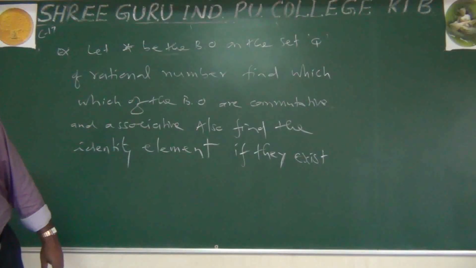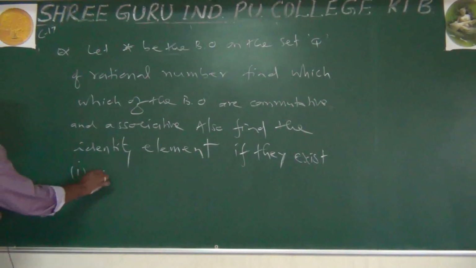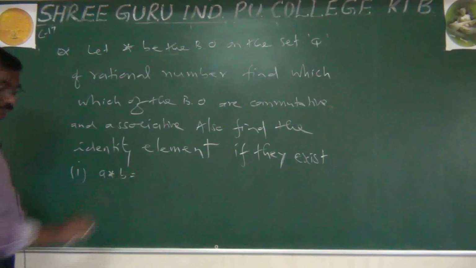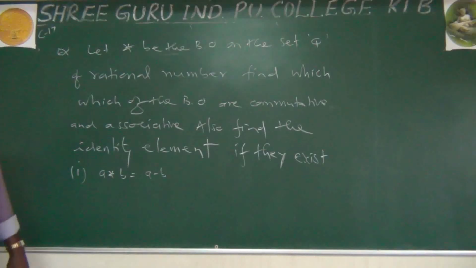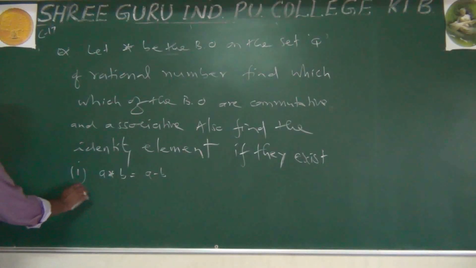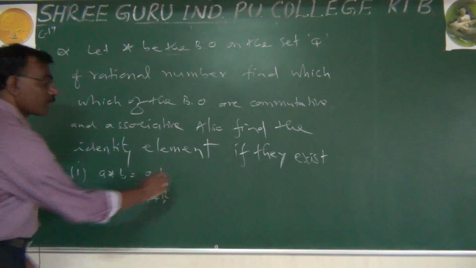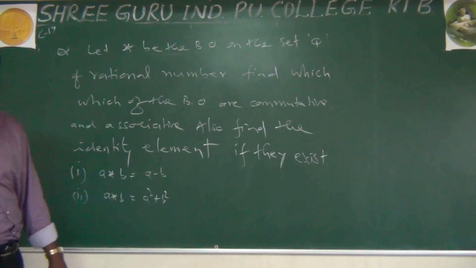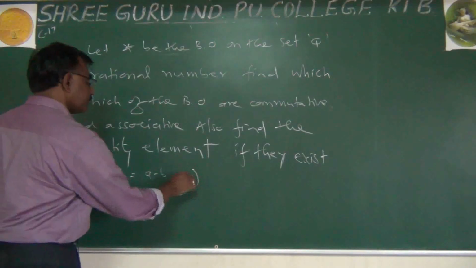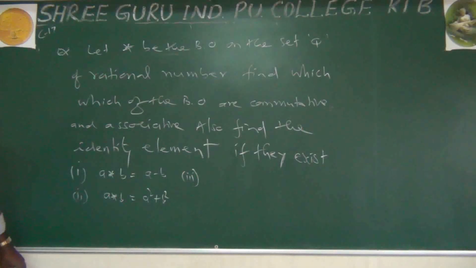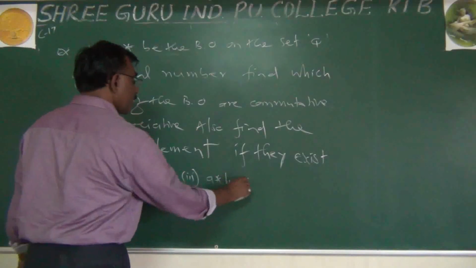There are six problems. First, A star B equals A minus B. Second, A star B equals A square plus B square. Third, A star B equals A plus AB.